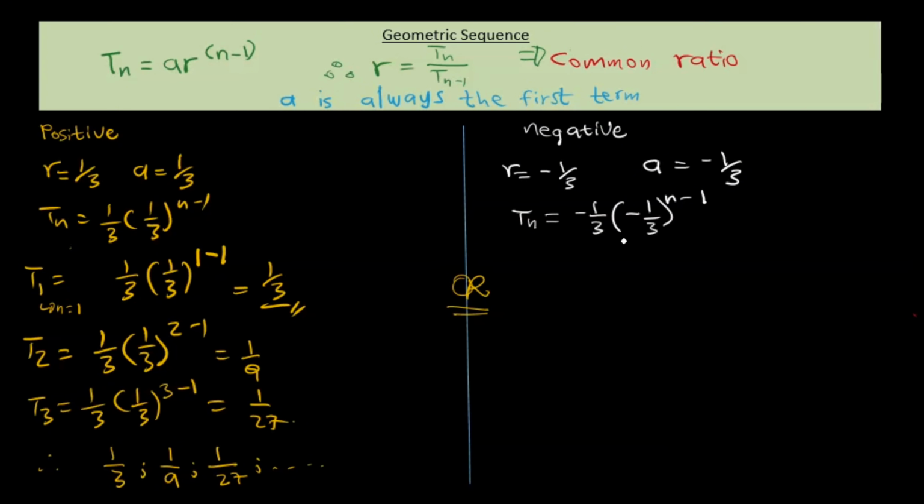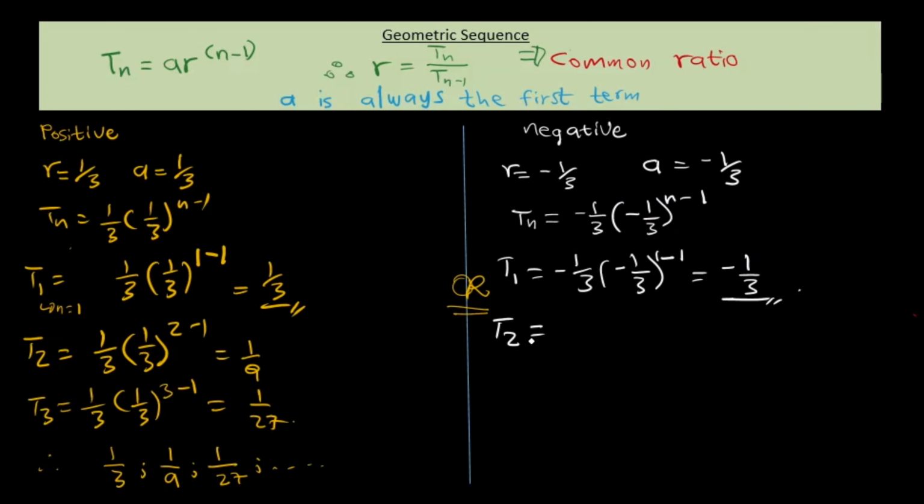All right, so this is the general nth term. So for T1, what do we know? We know that this will be negative 1 over 3 to the power of 1 minus 1. Then the answer will be minus 1 over 3. That is the T1.